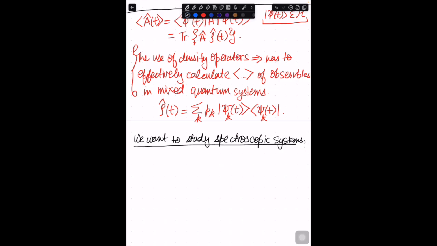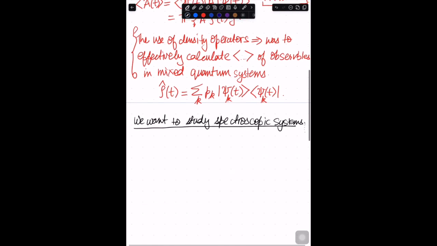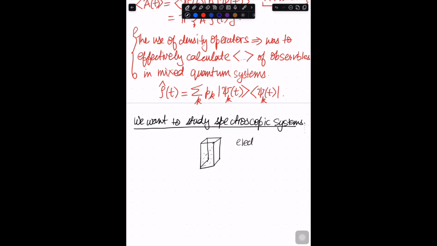So you want to study these spectroscopic systems, and how is the density operator useful in this scenario? As I had previously described, let's just consider this cuvette where your sample is contained. Even if you consider electronic spectroscopy at room temperature, in general, your system is a pure quantum system because it exists only in the ground state.